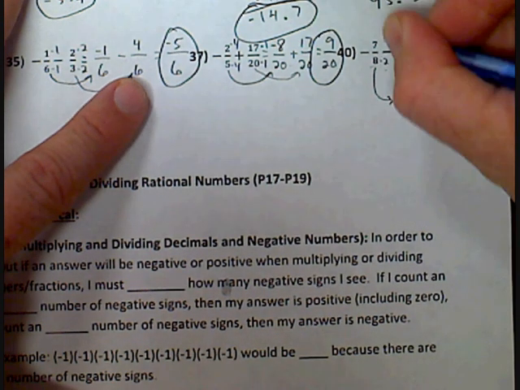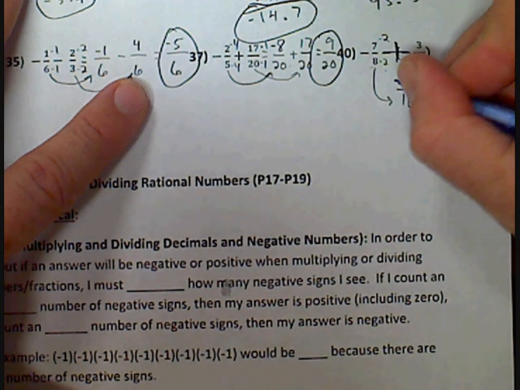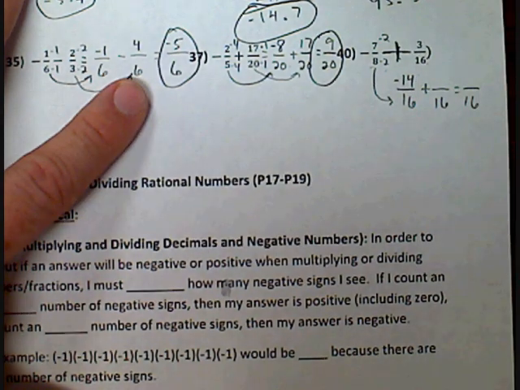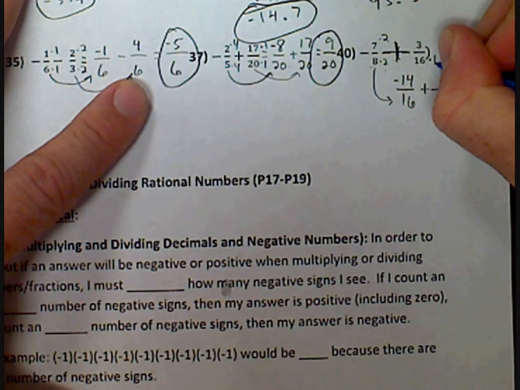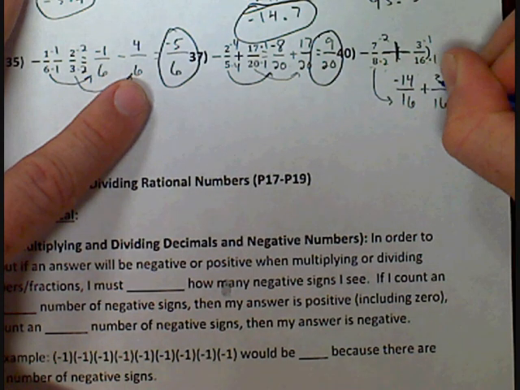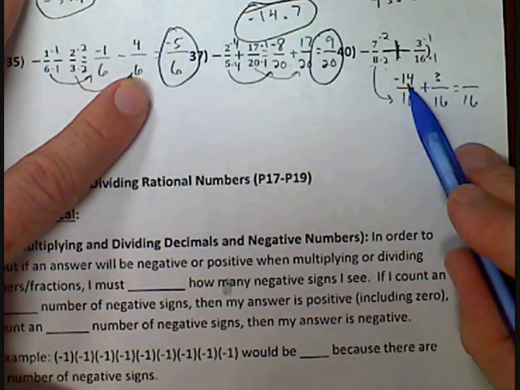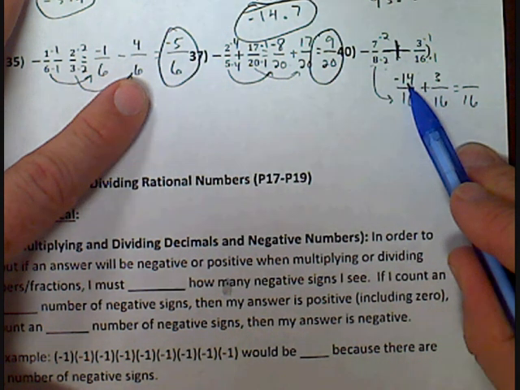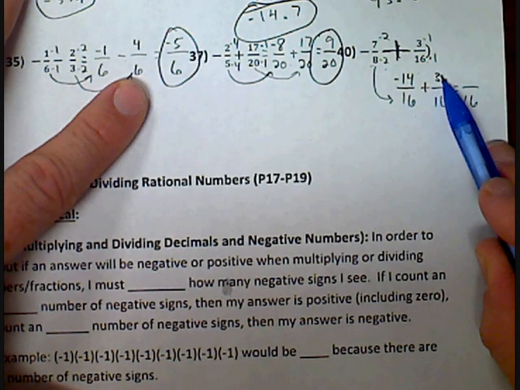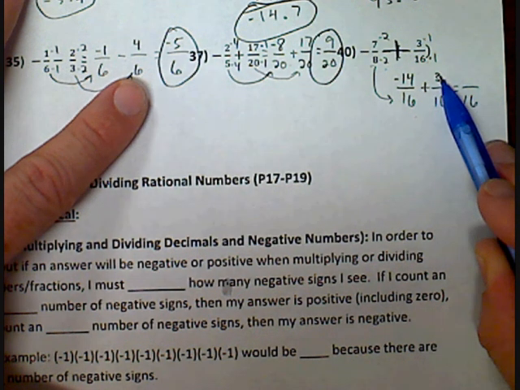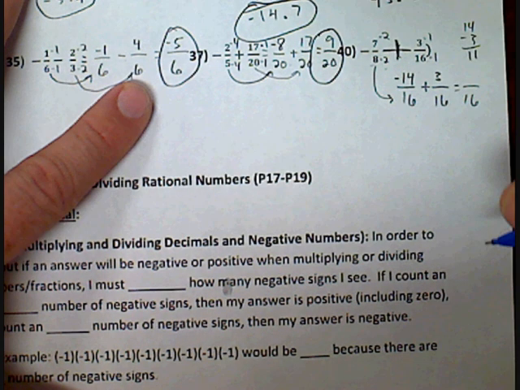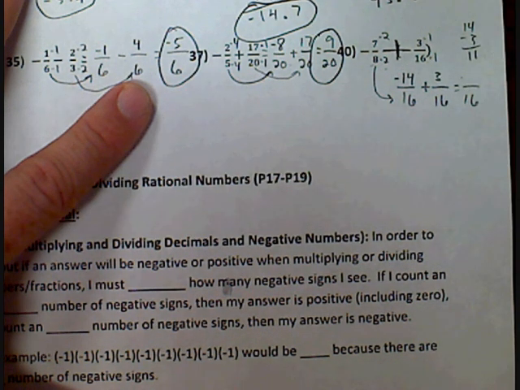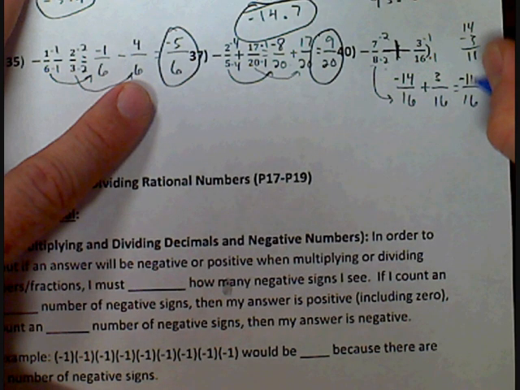Times 2. Negative 7 times 2, negative 14. How did I get from 16 to 16? Times 1. 3 times 1 is 3. If I am in debt 14, but somebody gives me 3, then I'm slightly out of debt. So I'm not at 14 anymore. I'm actually at 14 minus 3. I'm at 11. So I'm still at negative 11.